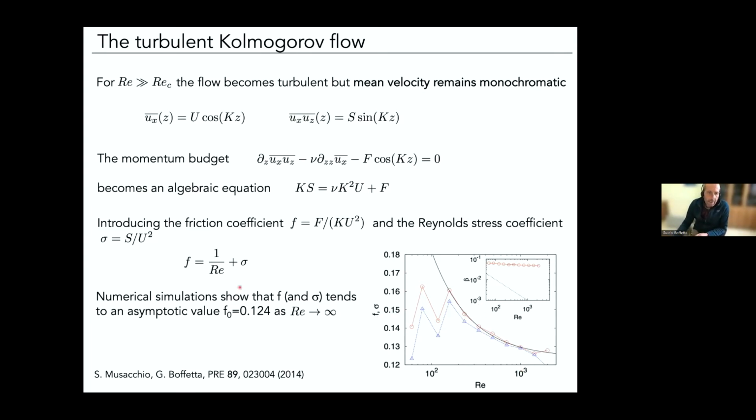So for low Reynolds number, you have the usual laminar 1 over Reynolds behavior, but for large Reynolds number, the friction coefficient tends to an asymptotic value, which is independent of Reynolds or with a weak dependency on Reynolds. This is still not clear, but we assume that it reaches an asymptotic value.